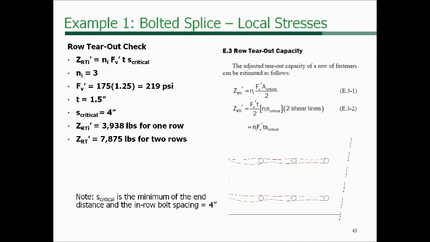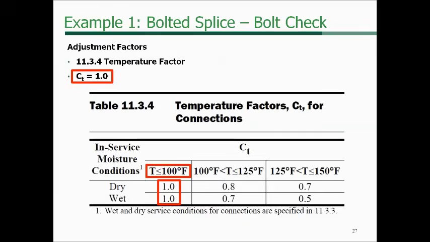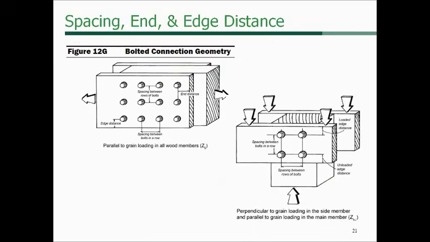Actually, don't look at the screen because it'll make you dizzy. I'm going to just rifle back through my slides and see if I can get to this figure right here. So hopefully that'll show up here for you folks in a little bit. This is figure 12G of the NDS. I went through that maybe a little too quickly, but the one on the left here is a Z parallel configuration.